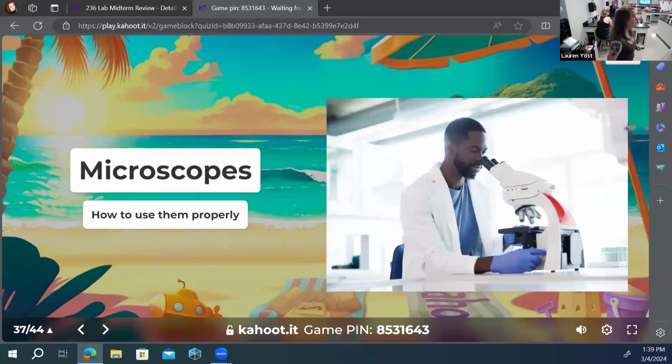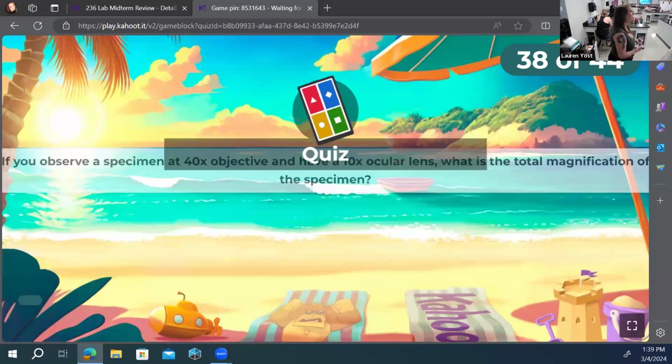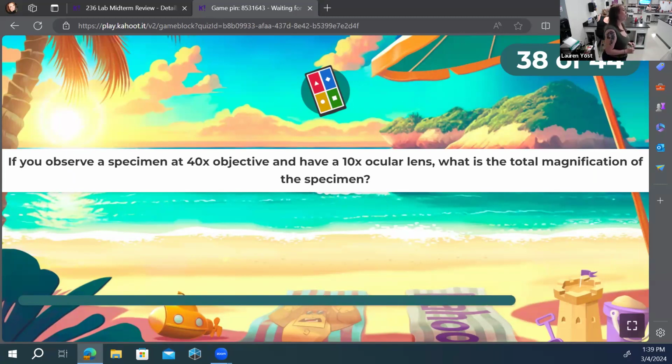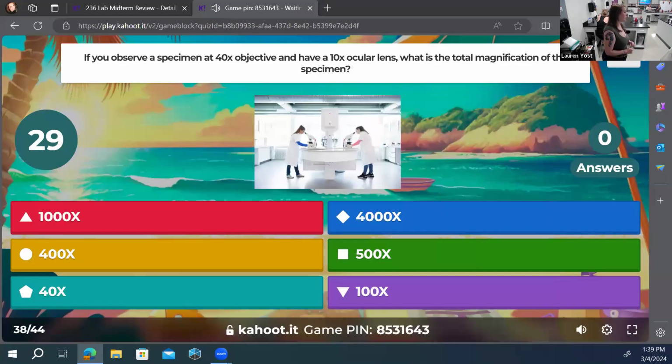Okay, into the microscope stuff and how to use them properly. If you observe a specimen at 40x objective and have a 10x ocular lens, what is the total magnification of the specimen?